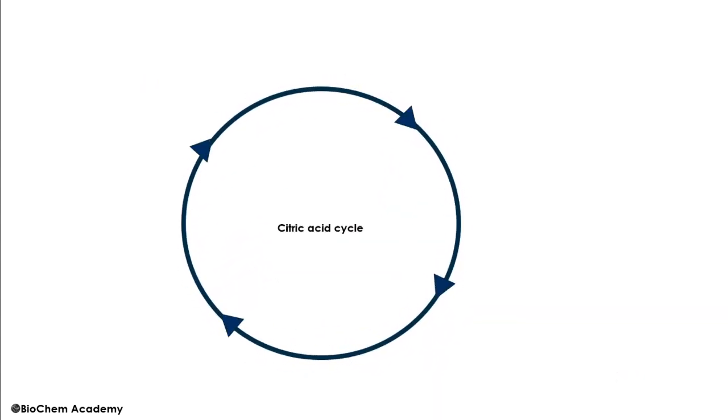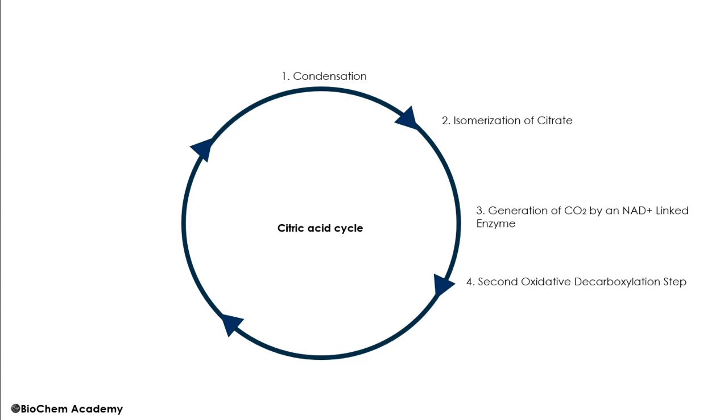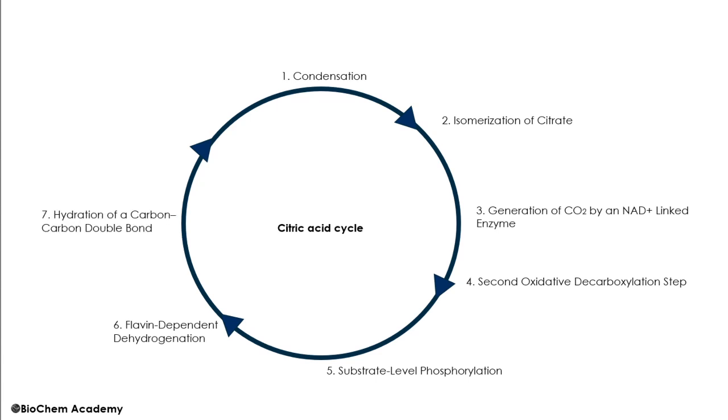Okay, now let's focus on the citric acid cycle. In summary, the citric acid cycle contains 8 main steps, which are condensation, isomerization of citrate, generation of carbon dioxide by an NAD plus linked enzyme, a second oxidative decarboxylation step, the substrate level phosphorylation step, the flavin dependent dehydrogenation, the hydration of a carbon to carbon double bond, and then finally, the dehydrogenation reaction that regenerates oxaloacetate.